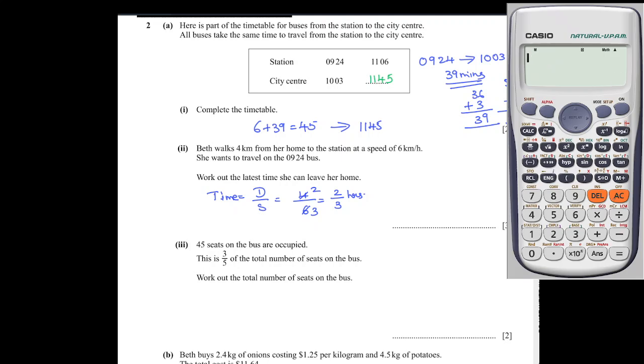2 divided by 3 is 0.6. If I want to convert that into minutes, I will have to multiply 2 by 3 by 60. 2 by 3 multiplied by 60 is 40 minutes.